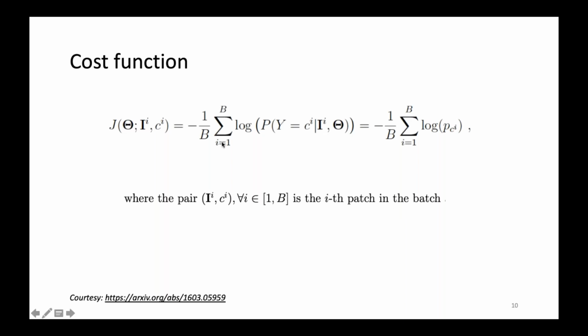So here we are going over B patches, where the probability y equals c is our class, and phi is basically the ground truth, so 1 by B, sum from I to B of the probability of Ci. This is our cost function.